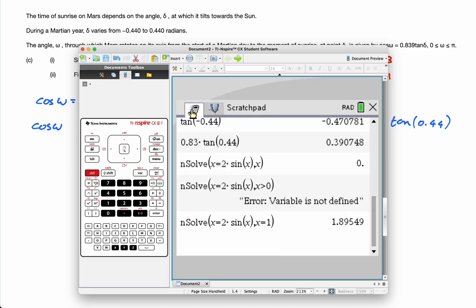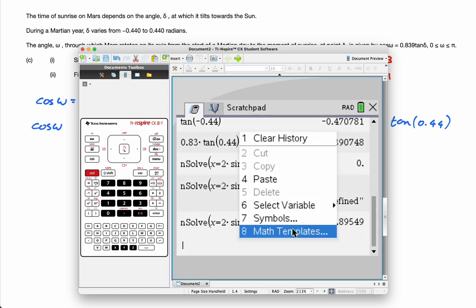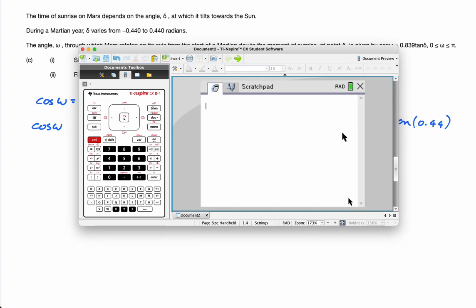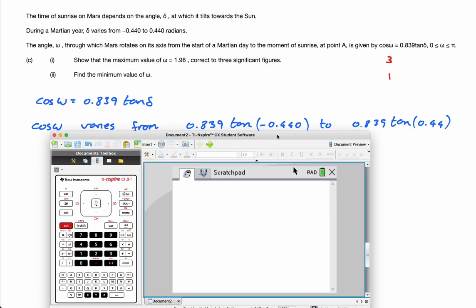Okay, let me delete this. So I have 0.839 times the tan of negative 0.44.